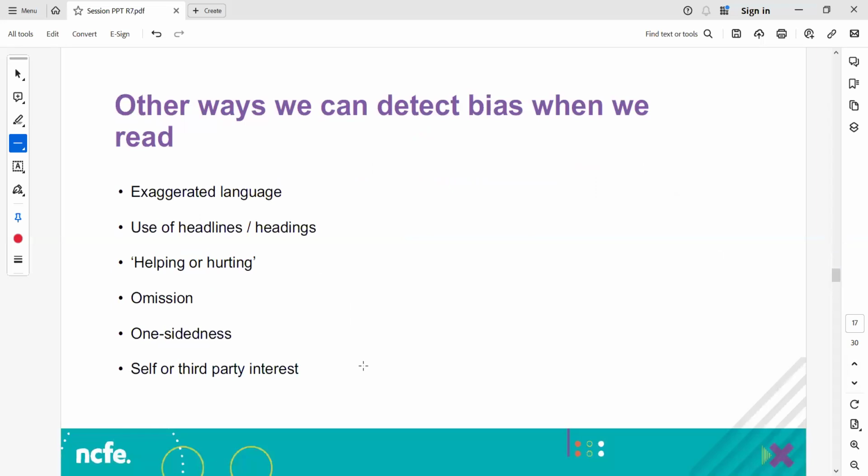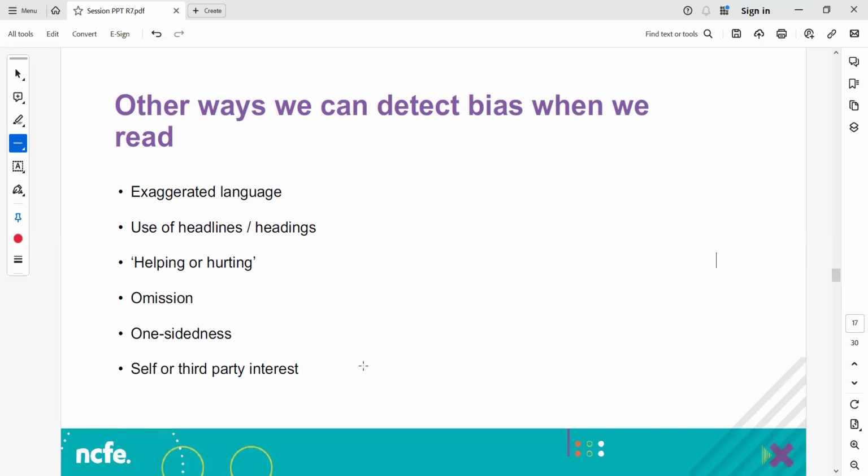So other ways to detect bias in what we read is the use of exaggerated language, the use of headlines, headings, helping or hurting. So is the text helping or hurting a cause or argument? Omission, what's been left out? One-sidedness. So is there a balanced argument?